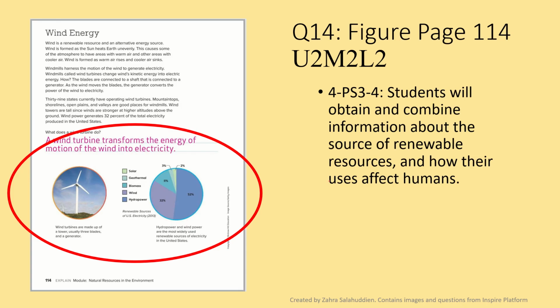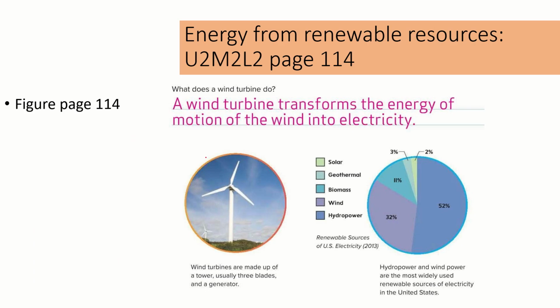On page 114, there are 2 pictures on this page. So the question could be about this wind turbine, or it could be about the table. Okay, so if we look at the wind turbine, it changes the moving energy of wind. So it changes moving energy to electrical energy.